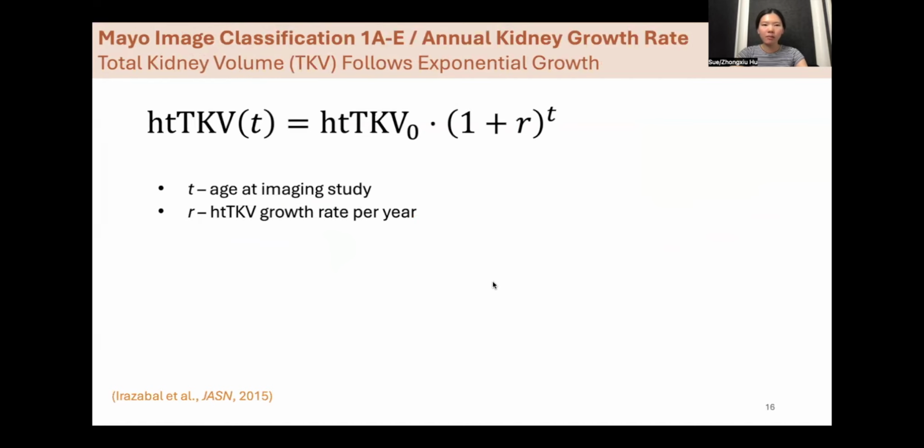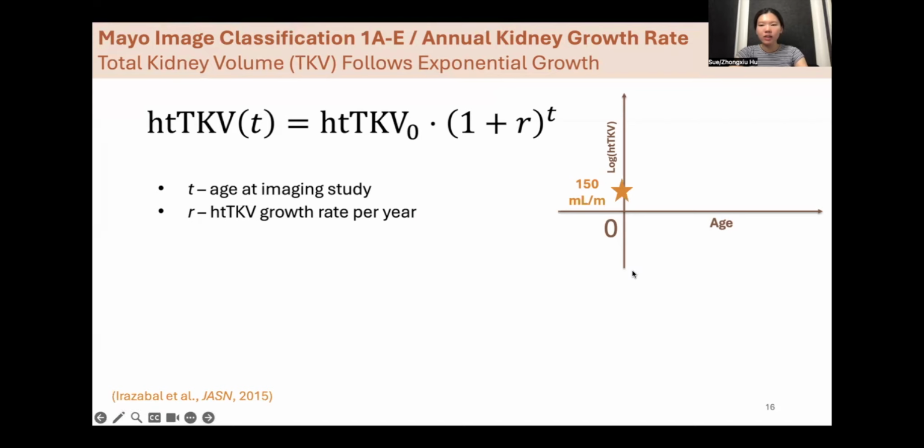So let's now talk about Mayo Imaging Classification. There are two assumptions made in MIC. One is that the HtTKV at birth for all patients is 150 mL per meter, and the other is that the kidney volume grows in an exponential manner. We can then plot HtTKV versus age on a semi-log plot, and here the star represents the HtTKV at birth. Then we can plot the HtTKV measured from MRI.